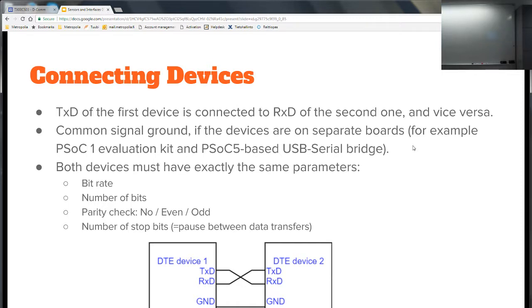So basically, if you have an even parity check, it means that if you have an even number of bits up in that data, then that bit is 1, otherwise 0, and then the odd is the number of odd. If that number is odd, then that's 1. So either even parity check or odd parity check, or of course you can also neglect the parity check, so no parity.